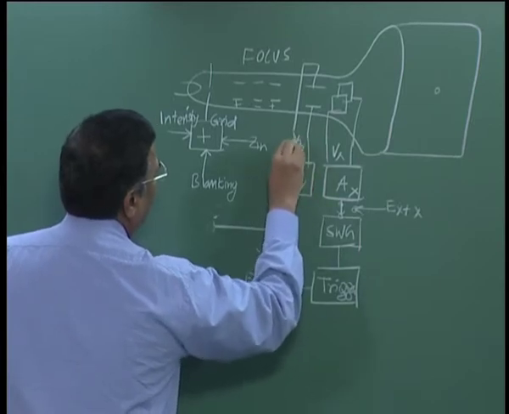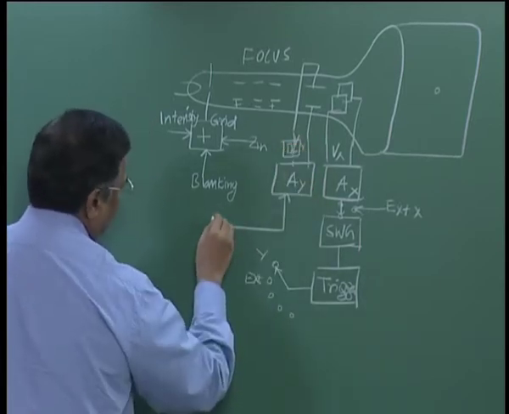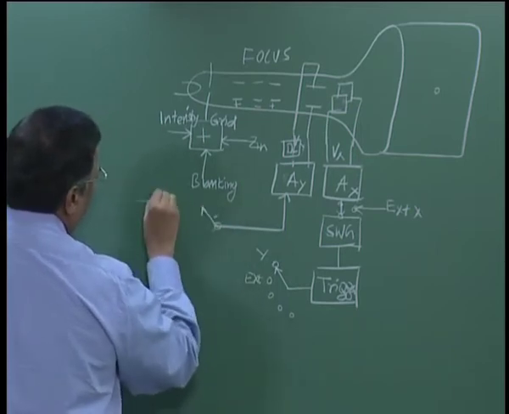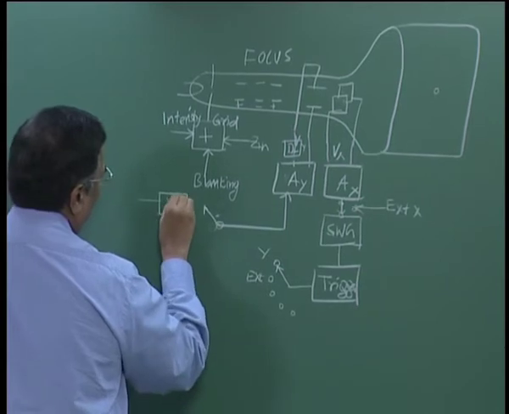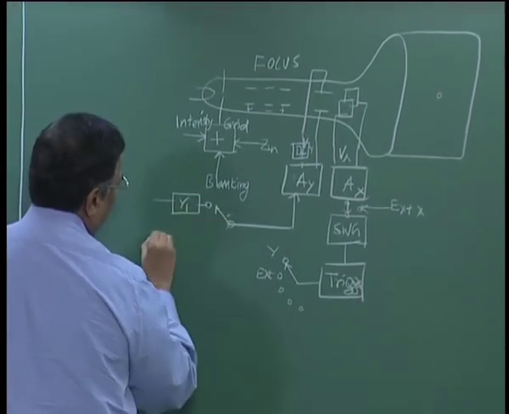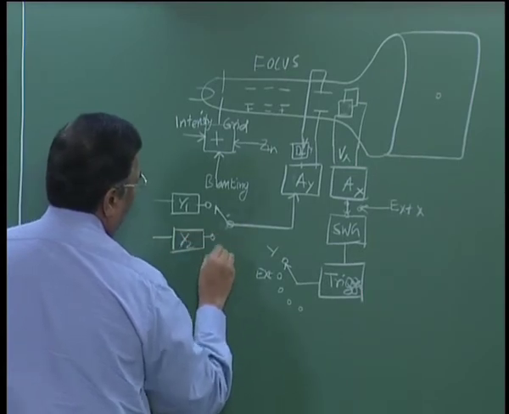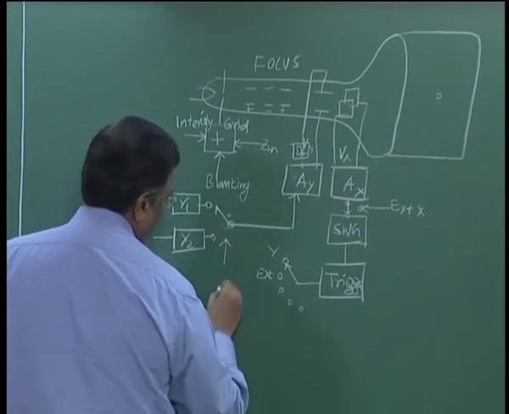I forgot the delay line. So we can put a switch here and put Y1 amplifier, Y2 amplifier, and operate the switch.